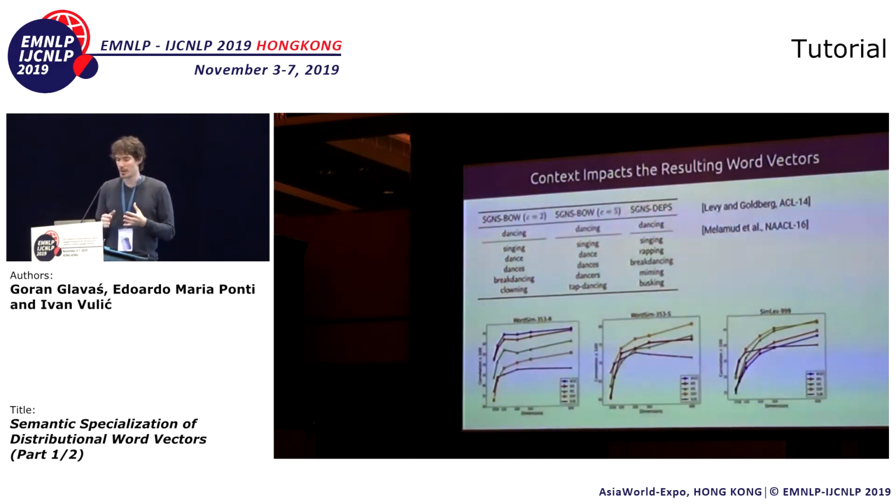So, for example, you see here the table from Levy and Goldberg's work, ACL 2014, which already seems like ages ago, where instead of using bag-of-words contexts, where you get more truly similar words as nearest neighbors, dependency contexts also reflect similarity in grammaticality, because you can see that all the nearest neighbors of dancing are semantically related and end up with the same suffix.